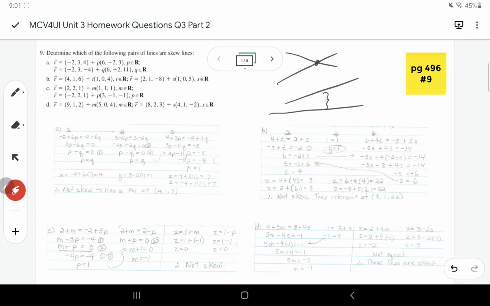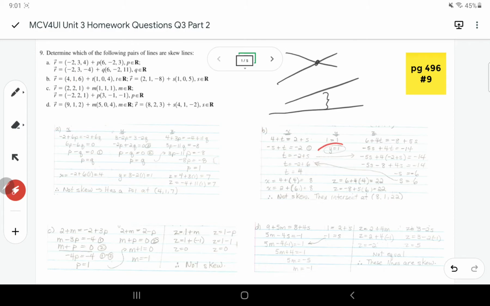The next one for B, again, we're kind of setting up our x equation and our y, our z, pardon me, but the y is a little bit different. Both of the direction vectors in the two lines have a 0 for the y component. So both of those parametric equations for y would just be y equals 1.